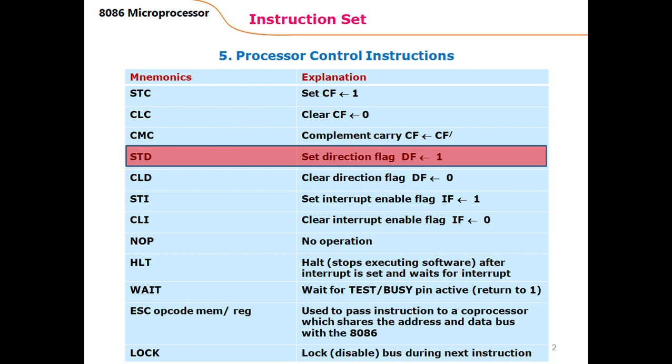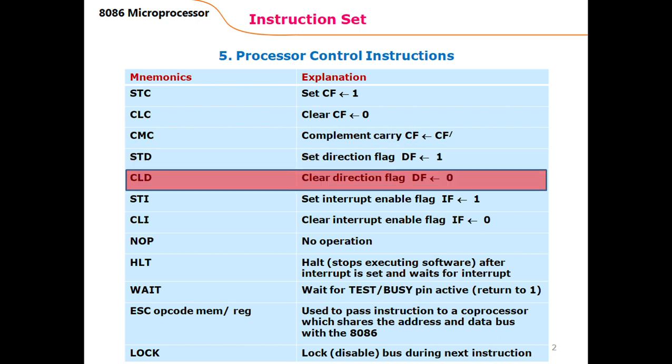STD sets the value of the direction flag to 1, and similarly there is an instruction, CLD, that clears the direction flag to 0. So these two instructions are used to set or clear the direction flag, or in other words, to set auto increment mode or auto decrement mode for incrementing or decrementing the index registers used in the string manipulation instructions.